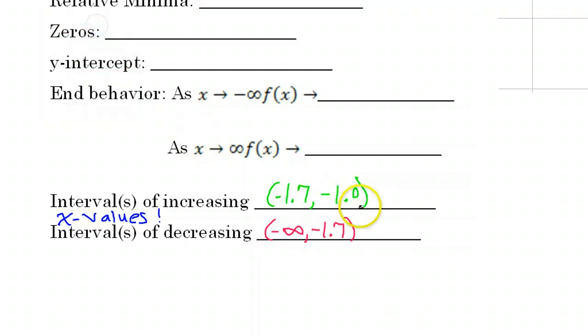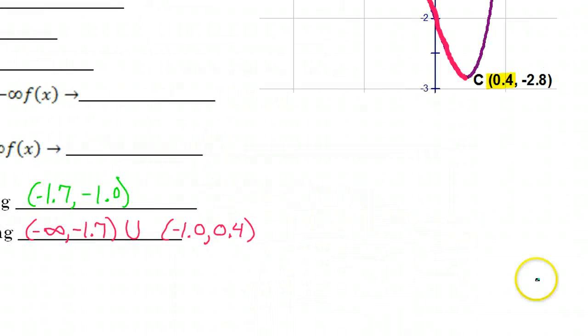So negative 1 to 0.4. And we should put a union symbol in between these two just to show that both of these together are the decreasing intervals.